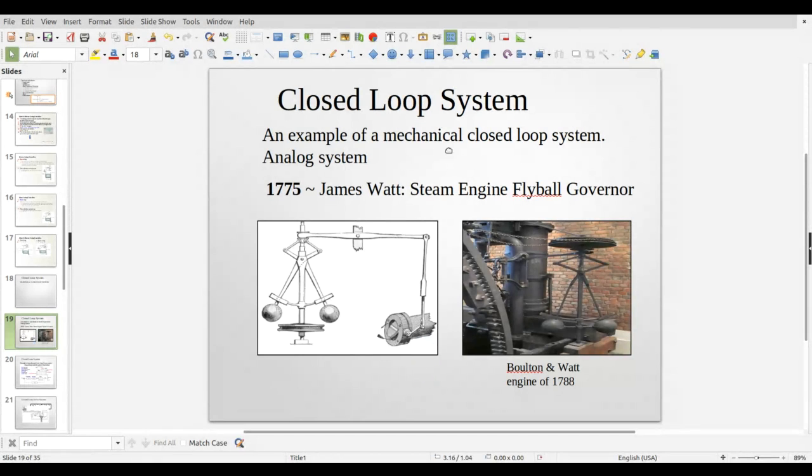All right. But so this is the closed loop system here. And like I say, this one, completely mechanical, invented in 1775.